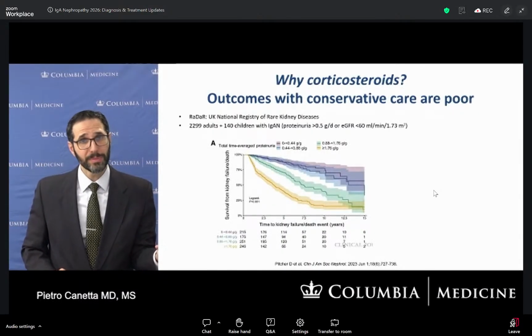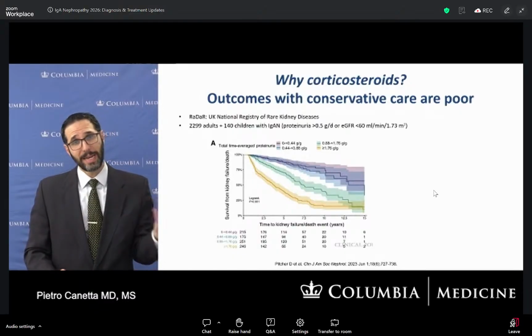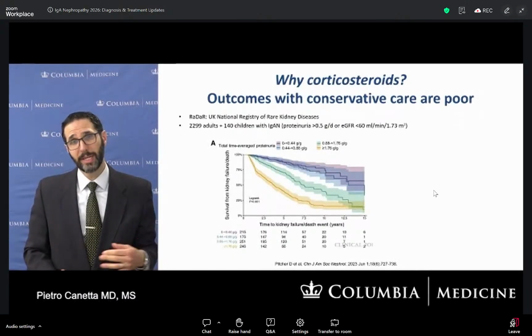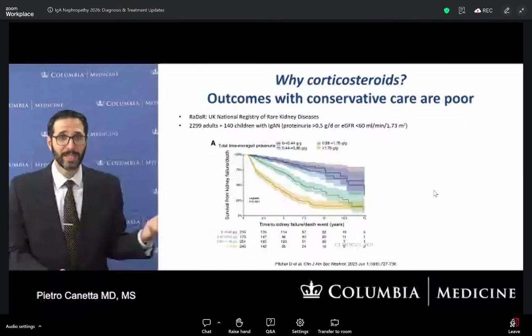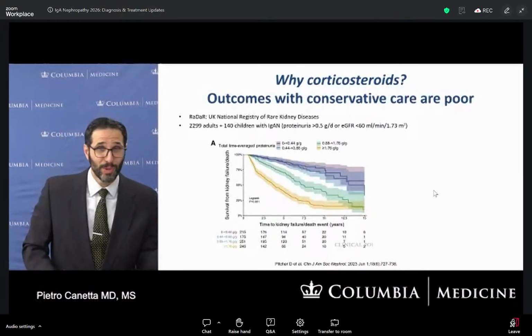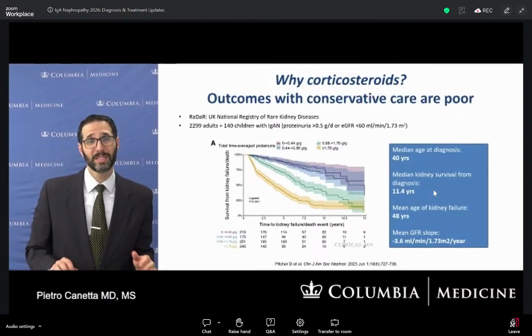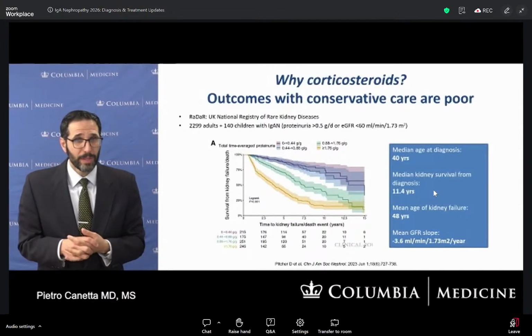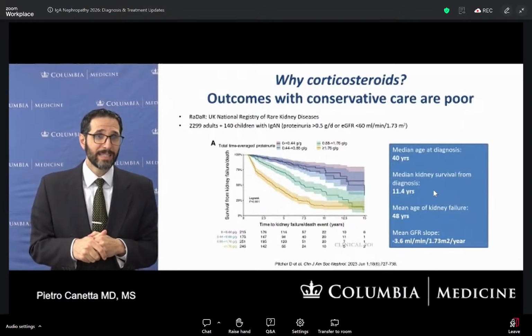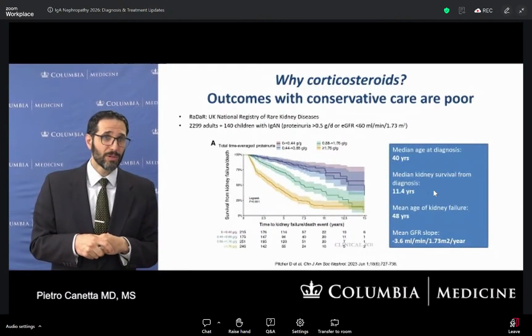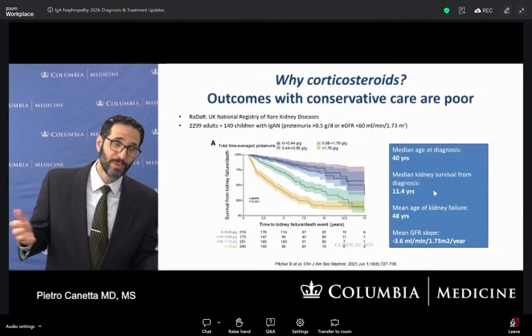And outcomes of the standard IgA nephropathy patient here in a developed country with a very good healthcare system. Maybe some people would argue that, but they have universal health care and they do a lot of good things. Outcomes are still not great for this disease. It's a tough disease. It affects people when they're young, and it leads to poor outcomes over years, but they're still young when those outcomes happen.